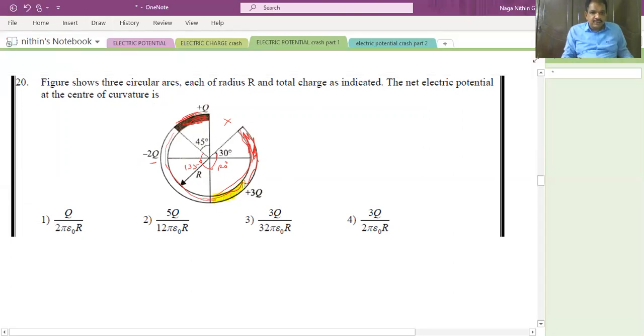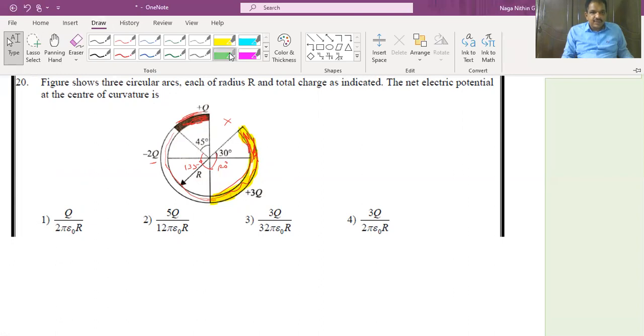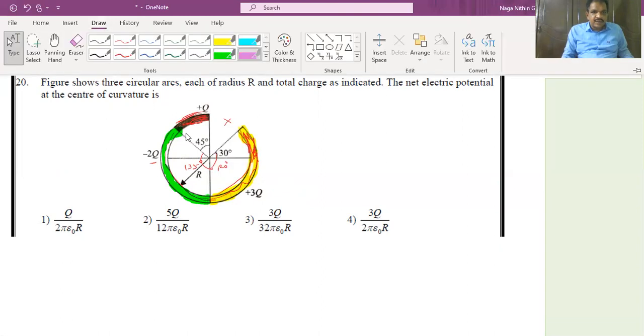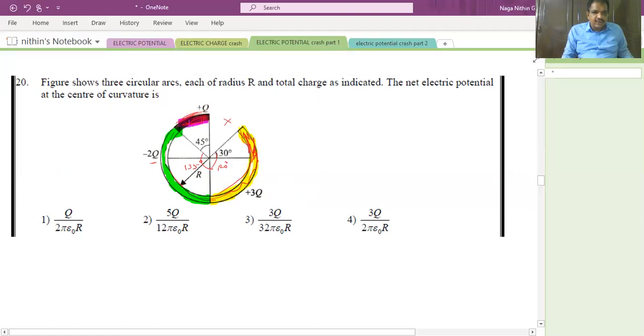For this portion plus 3Q, for this portion minus 2Q, and for this portion Q. Here gap, no charge. What is the net potential at the center?